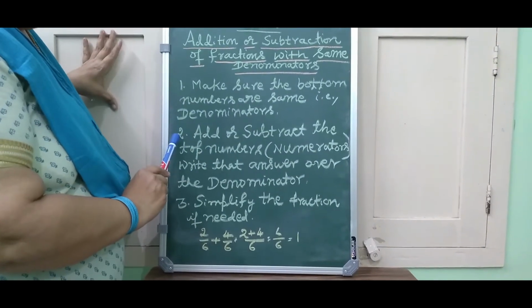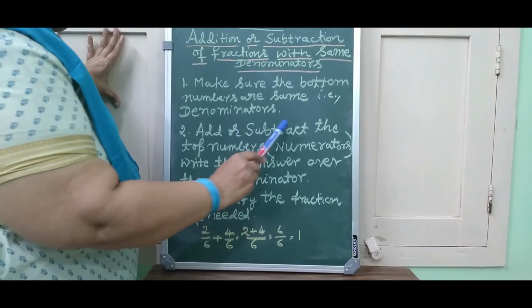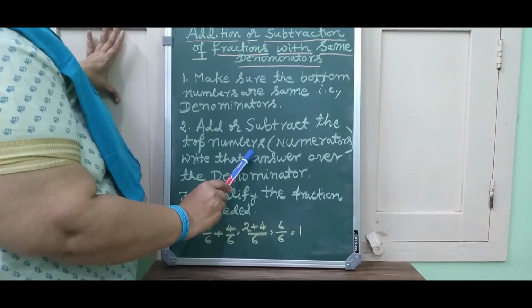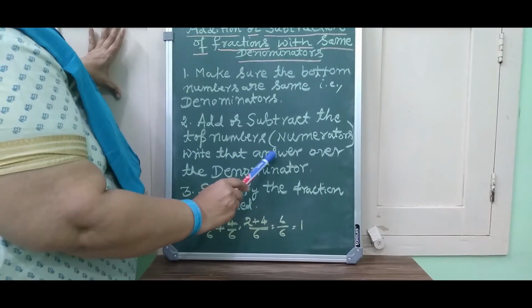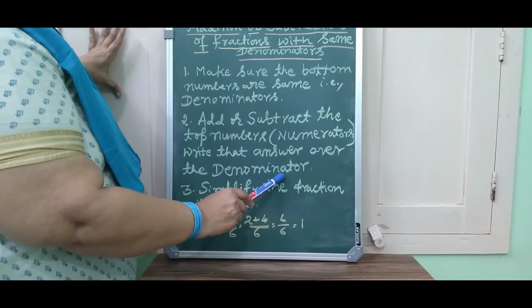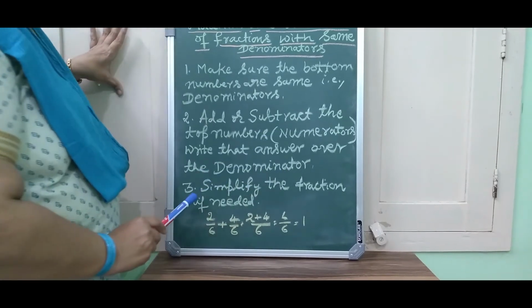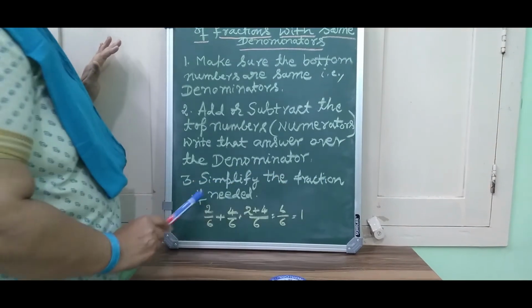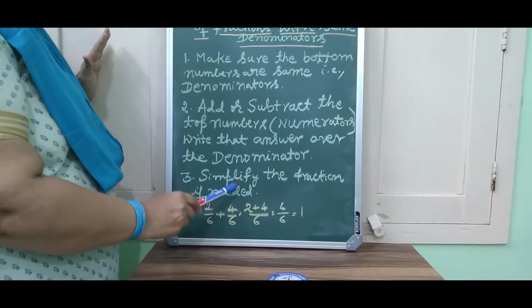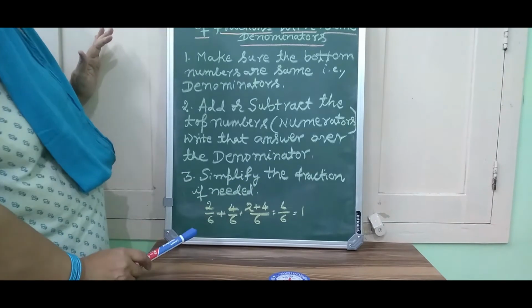And then second point is add or subtract the top numbers, that is the numerators, and then write that answer over the denominator. And then in the last step, simplify the fraction if it is necessary.